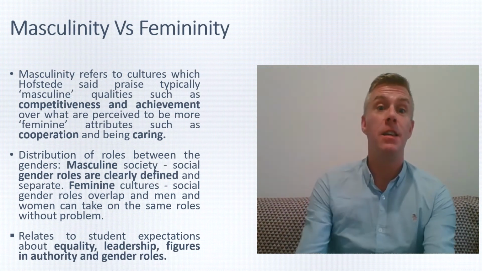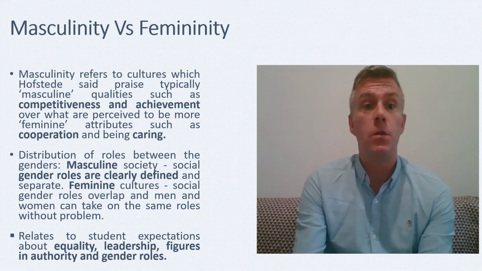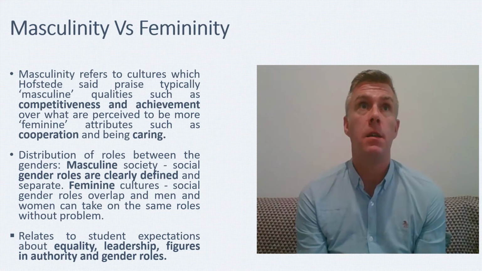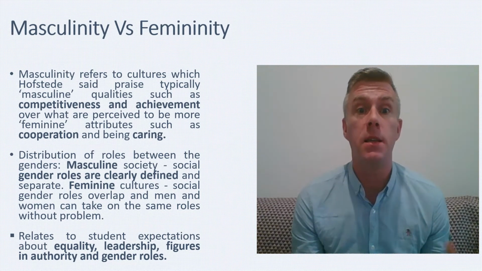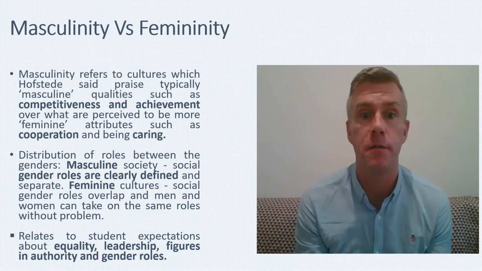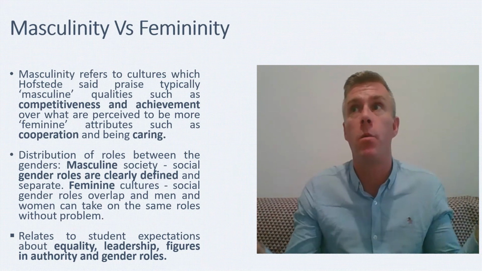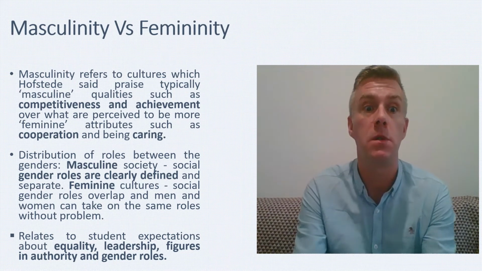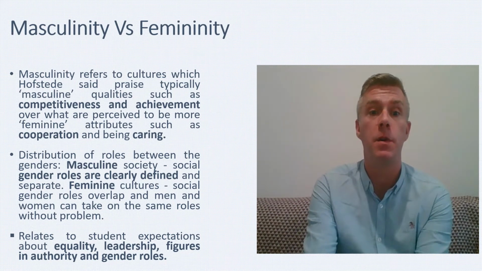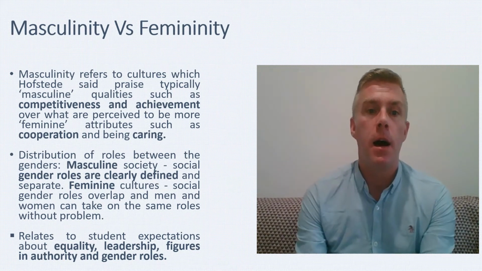The masculinity versus femininity cultural dimension then refers to what Hofstede said we typically praise in, say, a masculine society, or things like competitiveness and achievement, over what I guess society assumes are more feminine attributes, such as cooperation and being caring.